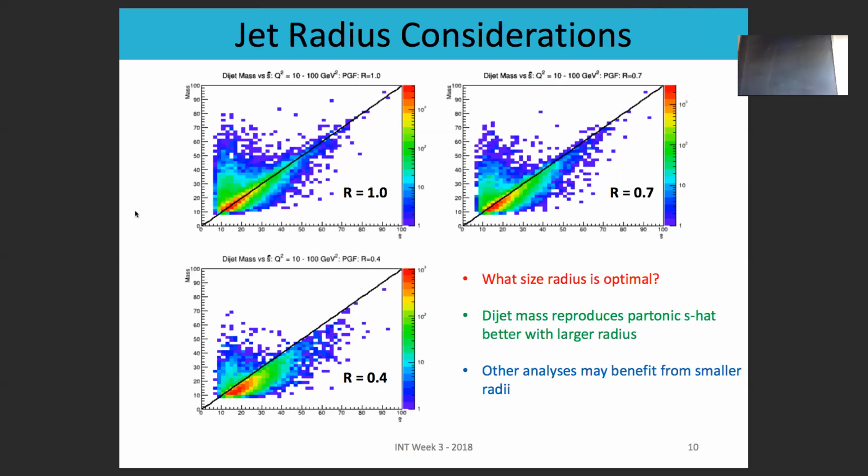The labeling is that root S hat on the lower axis. Yeah, I'm sorry, mass square. Yeah, so that's mass, that's root S. Sorry. And so then in the derivative calculation would have the Dijet mass, of course, smaller than root S hat, right? So that would be something in the lower corner.